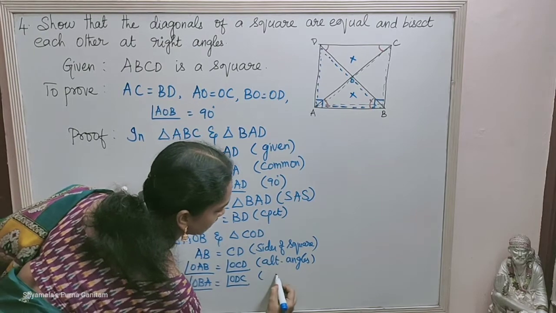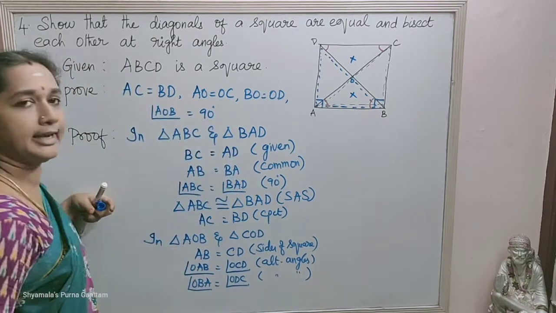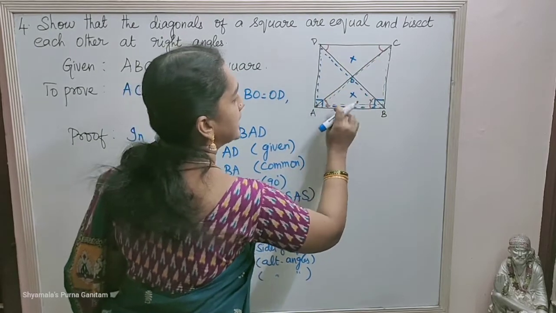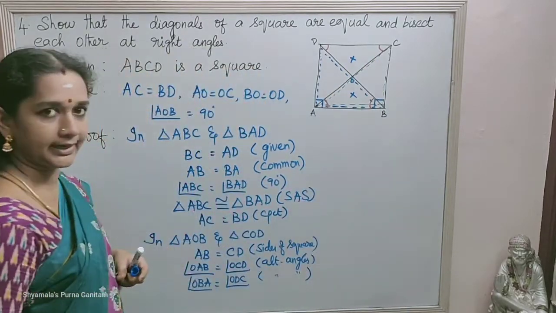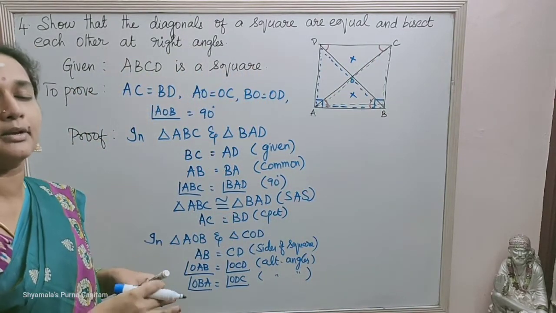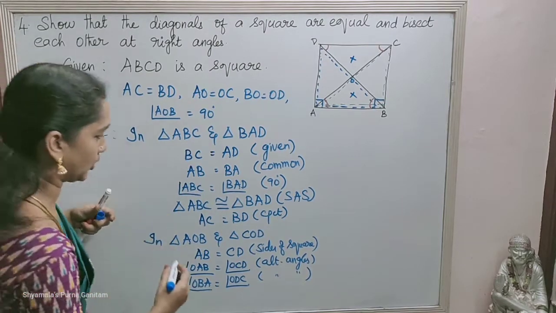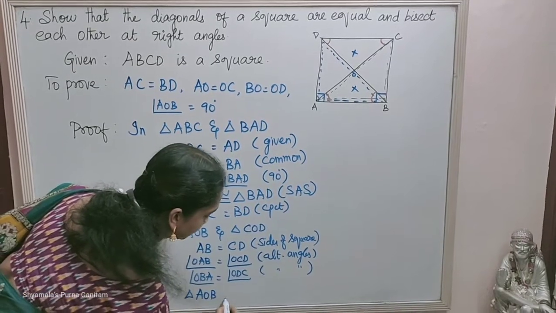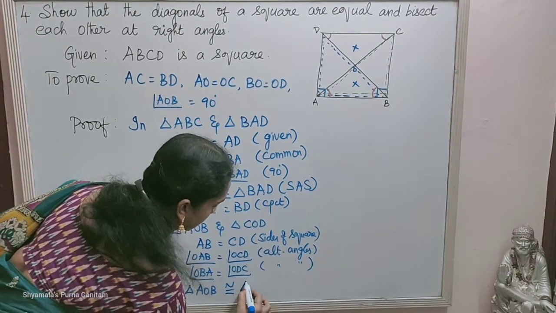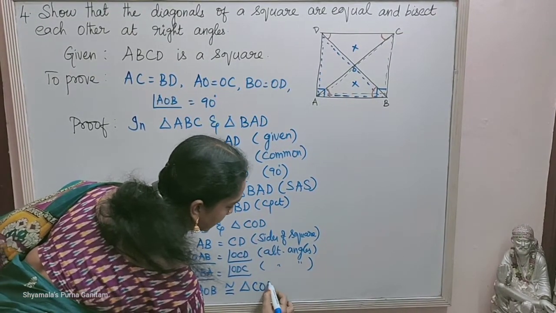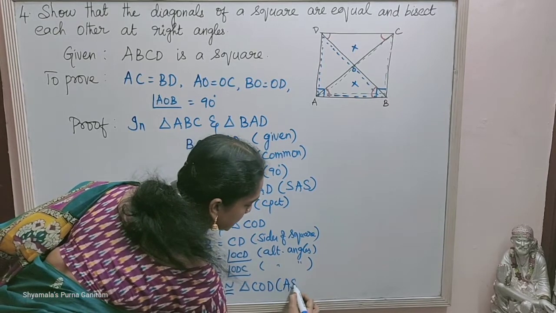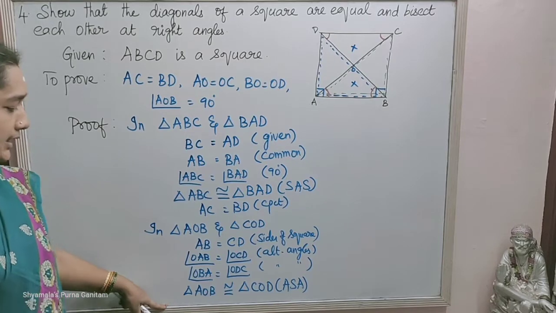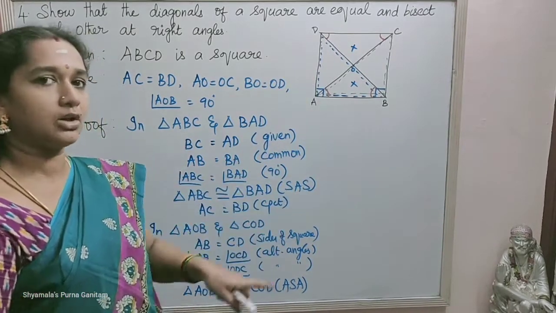So these two pairs of angles and this included side, with that we can say that by ASA congruence, triangle AOB is congruent to triangle COD. So by ASA congruence, these two triangles are congruent.